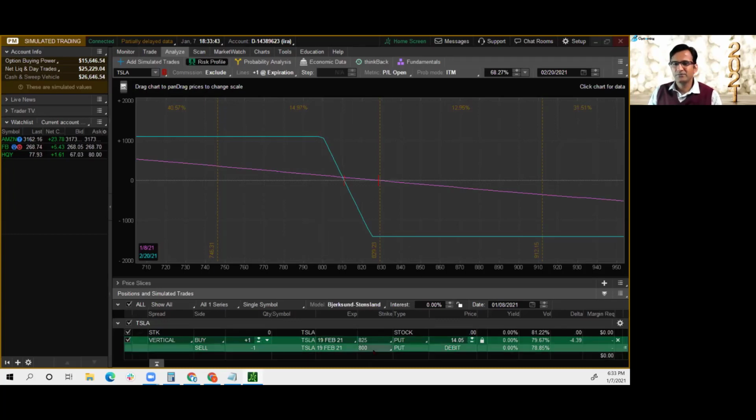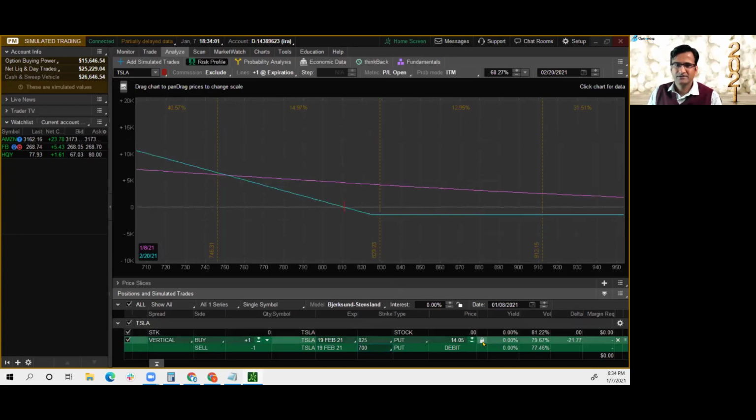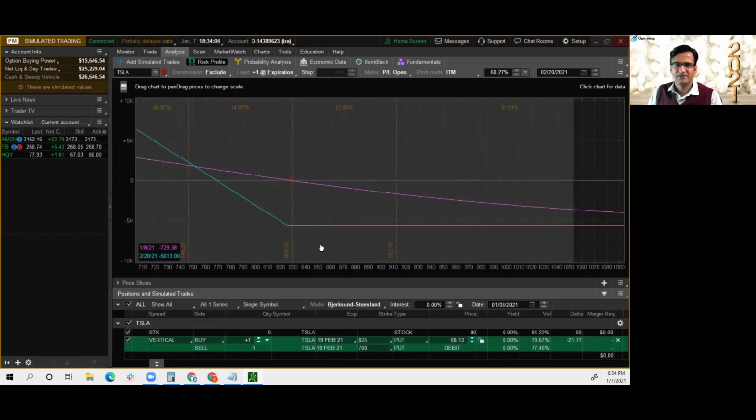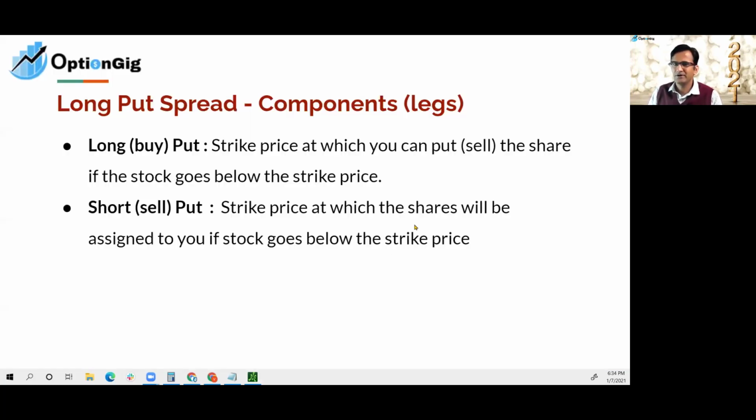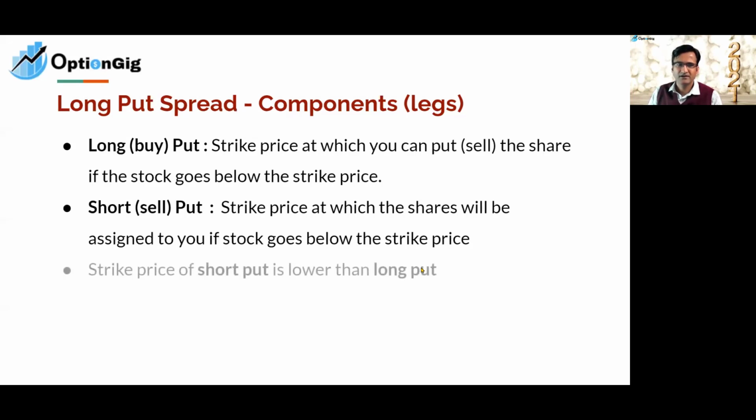So if you are trying to buy some protection and you find it is very expensive, and you know that Tesla will fall but probably won't go below, say, 700, you could instead buy this, and instead of paying $8,900, you would pay $5,600. So this is a put spread, and some people use it for hedging purposes.